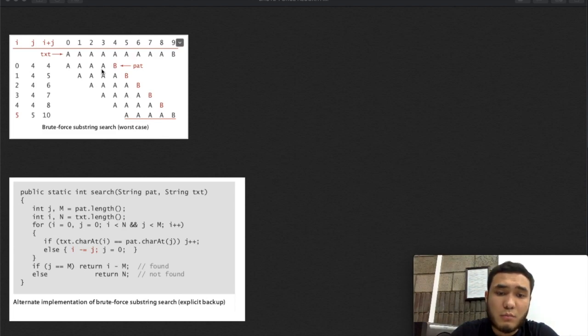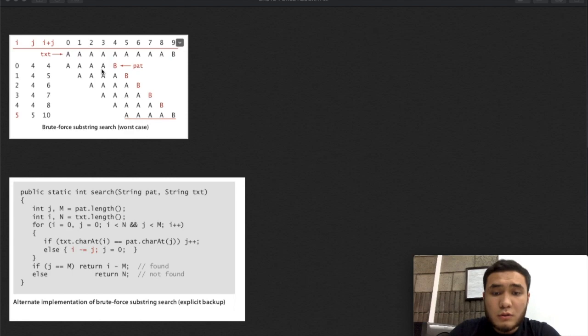The code performs precisely the same character compares as the previous implementation. To understand it, note that i in this code maintains the value of i plus j in the previous code.